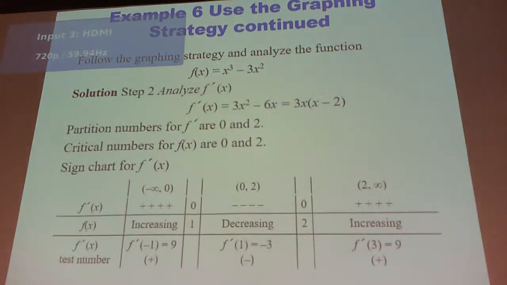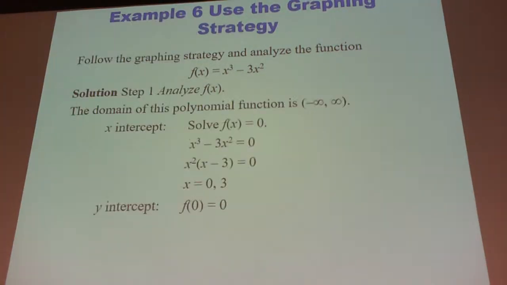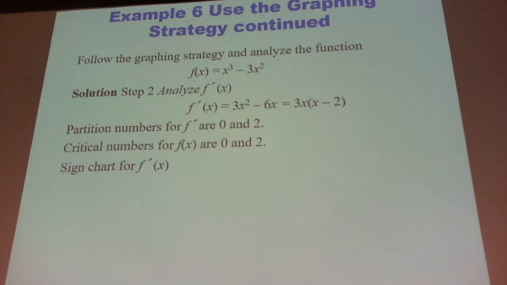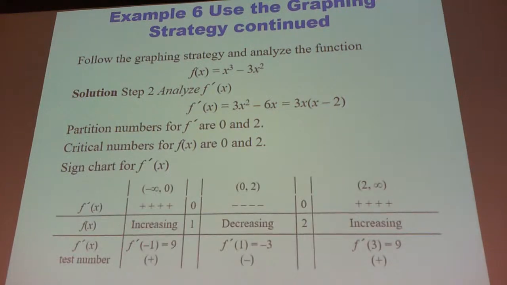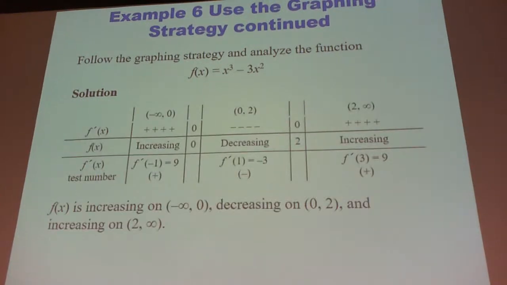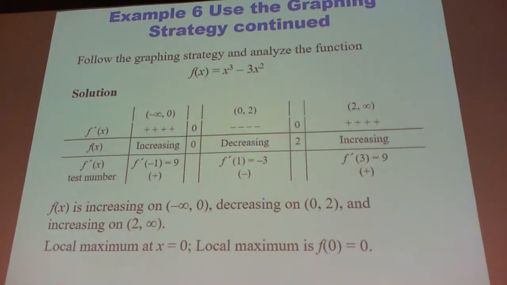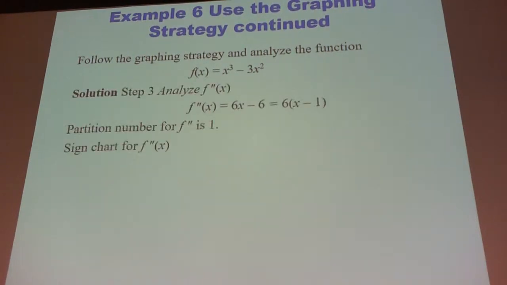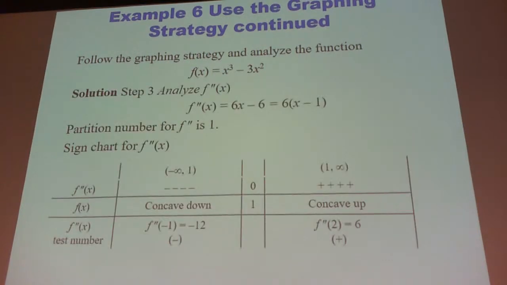Notes. It walks you right through the steps. Step 1, find the x-intercept and y-intercept. Step 2, using the sign chart, finding that we have a local max and a local min. And then step 3, taking the second derivative, finding the inflection point, finding out where it's concave down and concave up.